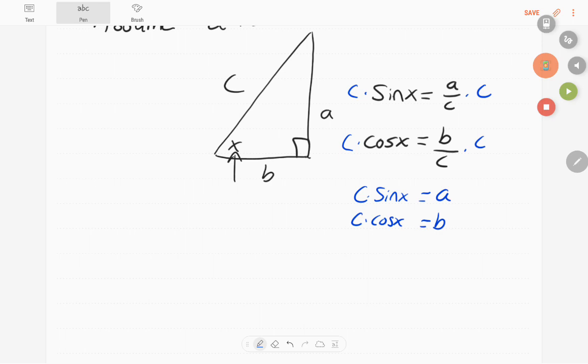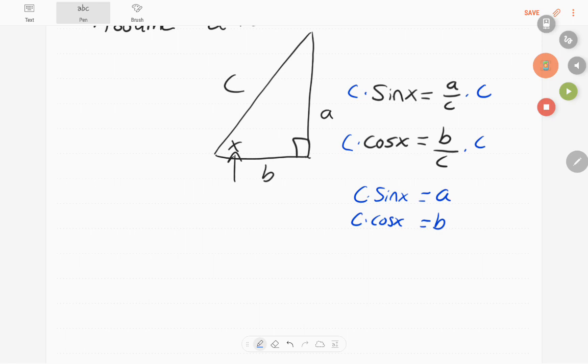The first one is 1 plus tangent squared of the angle, I'll just say x, it could be theta, has to equal secant of the angle squared. There's another one, and finally, the other one is 1 plus cotangent squared of x.